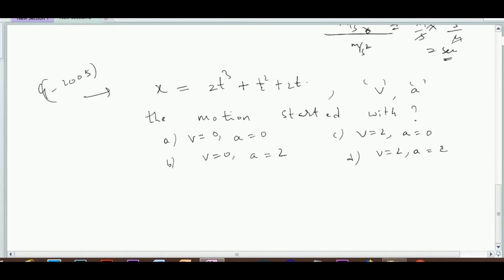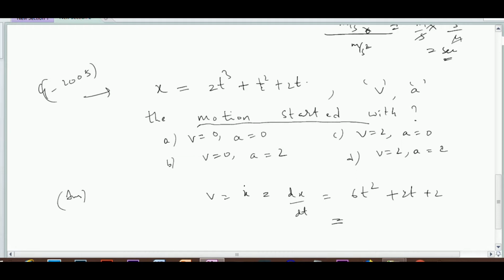Here some people will simply put v is equal to 0, a is equal to 0 as the initial condition. But as the equation is clearly given, we need to derive the whole thing and then decide if it is 0 or something else, because every motion may not start with 0 velocity or acceleration. Some motions may have finite values as acceleration.